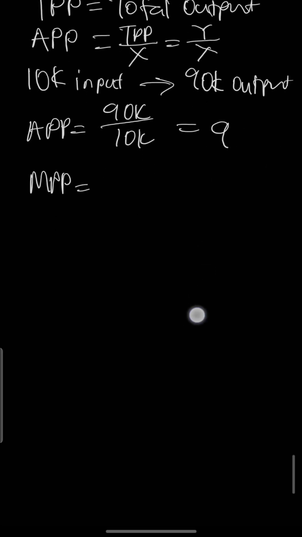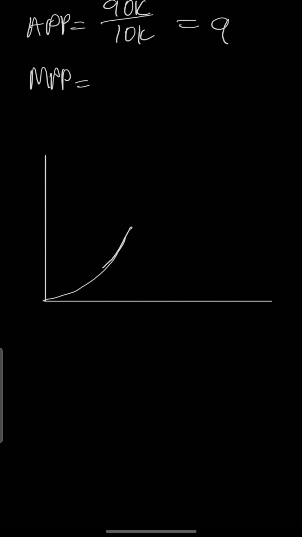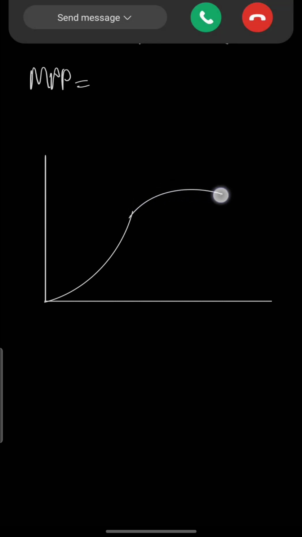Let me illustrate that with a graph. We have our graph. The first point is increasing. This is how an increasing curve looks like. Then you reach a point of diminishing. It peaks, then you reach a point of decline.